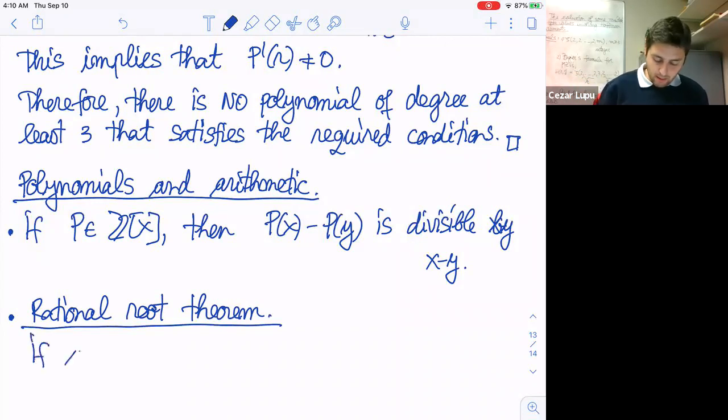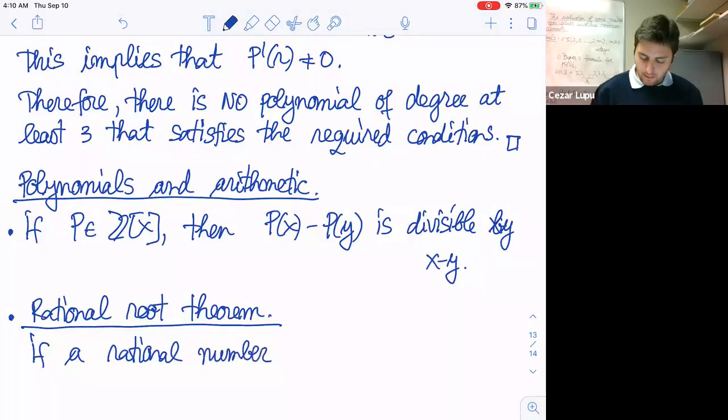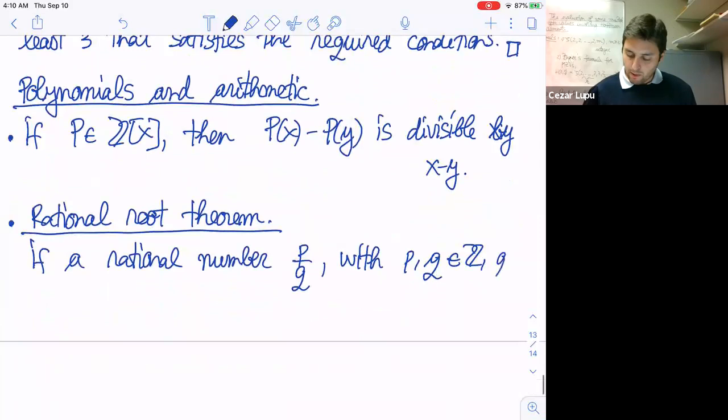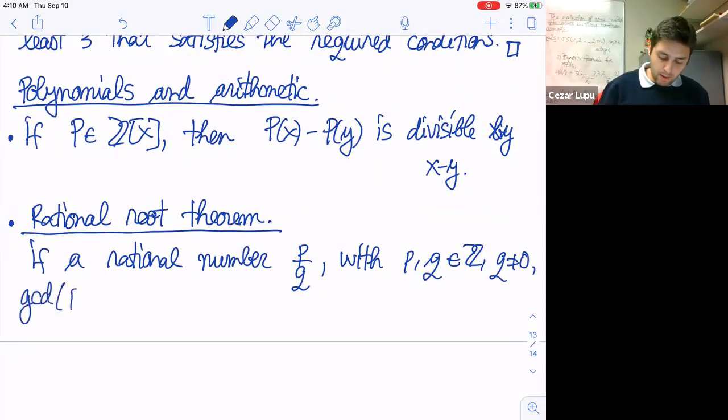If a rational number, let's say p over q, with p and q integers, q is not 0, and the GCD between p and q is 1, they're coprime, right?